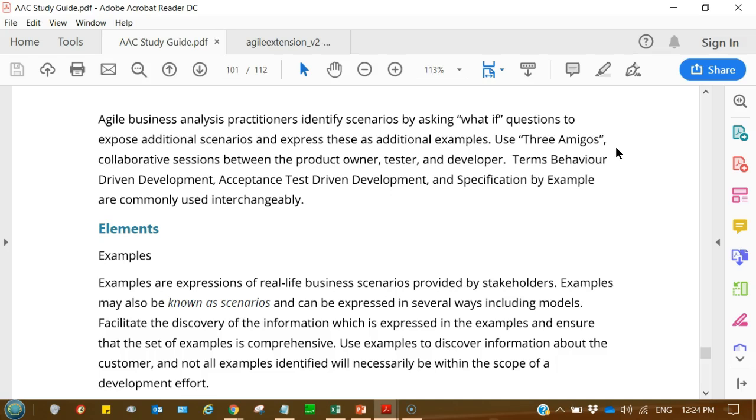I would kind of argue that if you're going to use a technique like the Three Amigos, you might want to make it the Cuatro Amigos and include a business analyst in this, just to make sure that it's being facilitated properly, that the discussion is being focused, and that the outcome of the discussion is being documented to the level it needs to be documented.